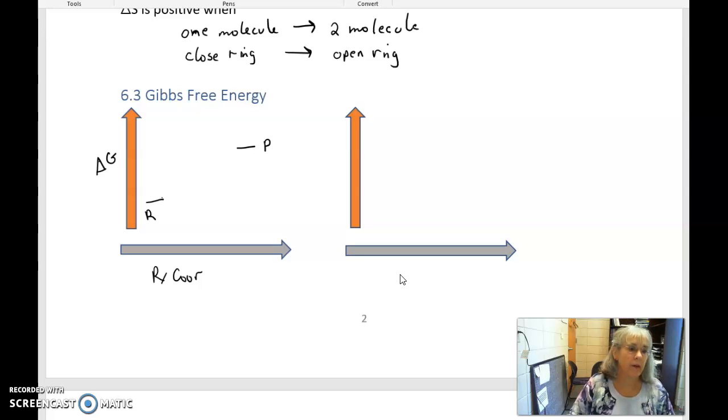And we have a line that combines the two. And here we've got a difference in our delta G. This is a positive delta G, and it's endergonic.